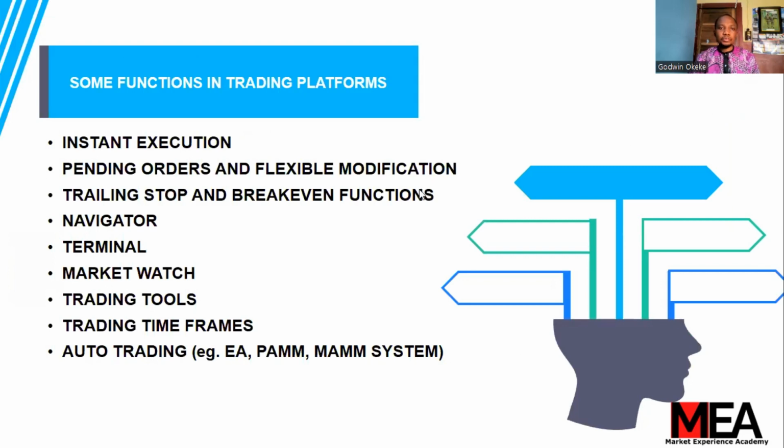So, some functions in trading platforms. We just try to do a kind of elaboration on it. The functions we have on either MetaTrader 4 or MetaTrader 5: we have the instant execution, we have pending orders and flexible modification, we have the trailing stop and the break-even functions.